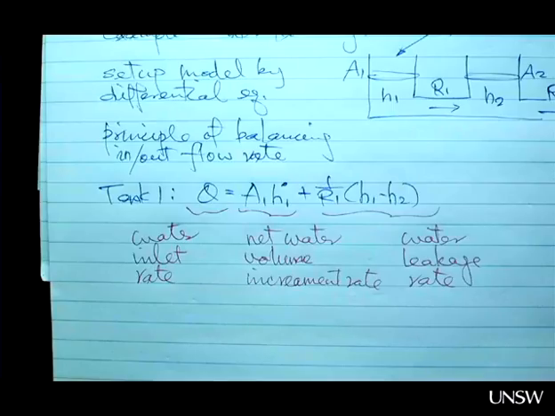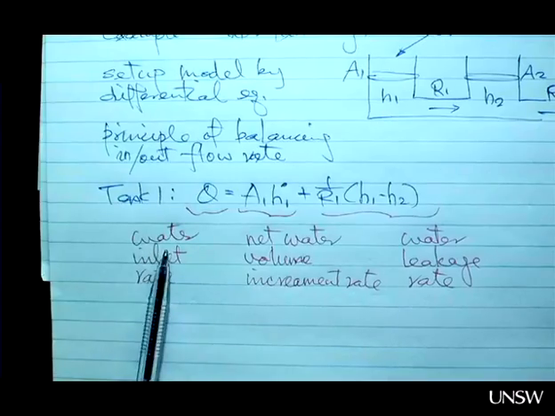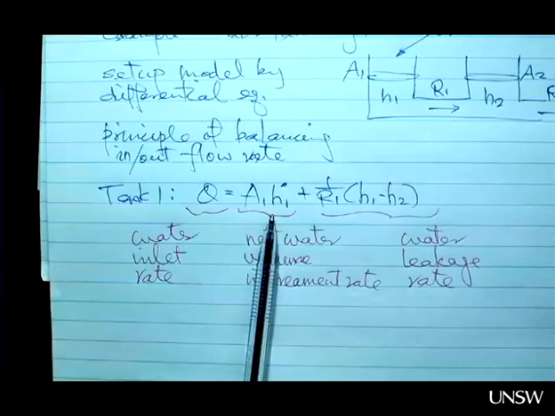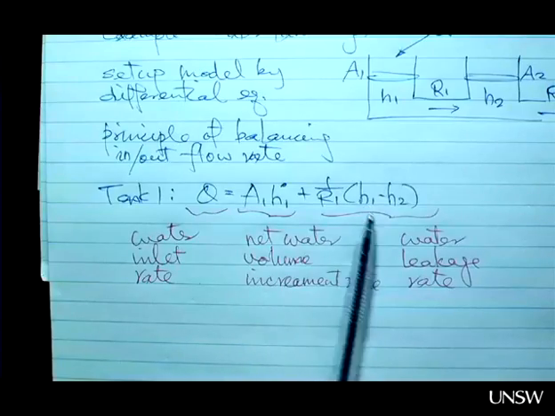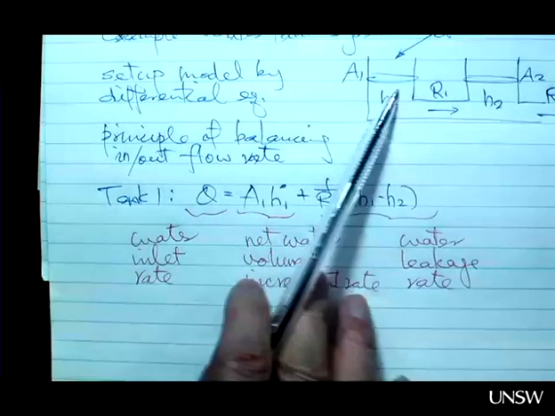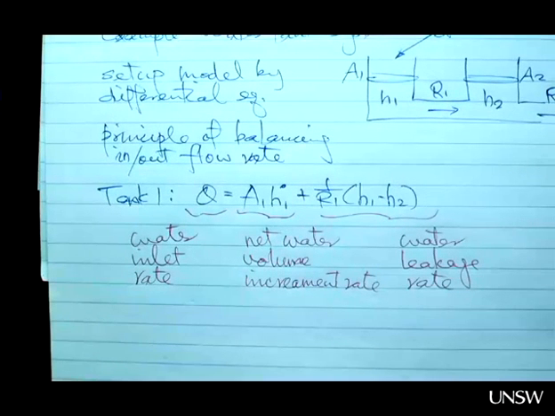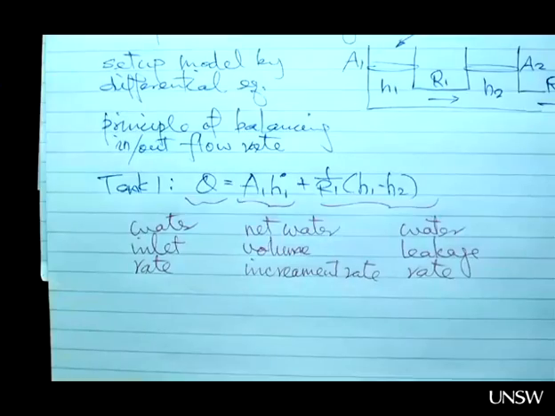Okay, because we have the water inlet, right? The effect of pumping water into the tank 1, it will increase the water level, and then it also causes a drained leak outlet, right? From tank 1 to tank 2. Okay, any question up to here?